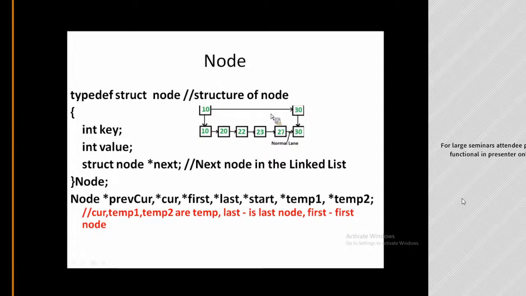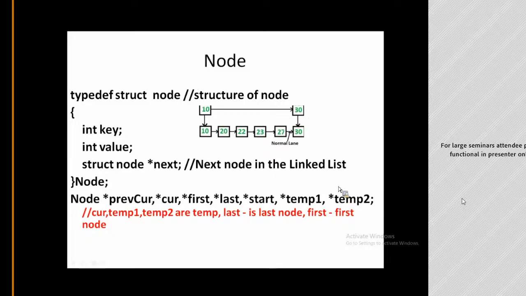For example, when you are in the express node, you have to come here. Suppose I'm looking for 27, right? 27 is greater than 10. So I come in the express node to 30, but 27 is less than 30. I come back. How do I come back? In temp1, I'll store the address of 30. In temp2, I'll advance it to 30.